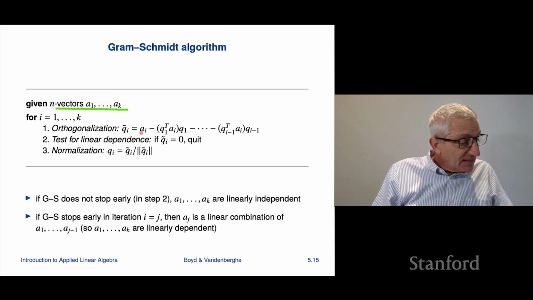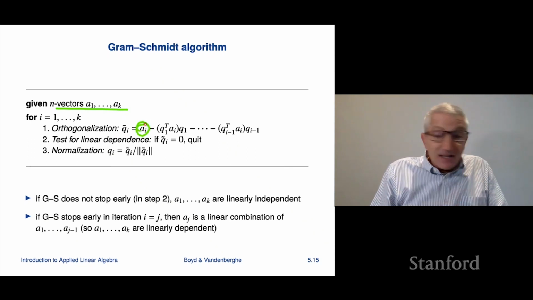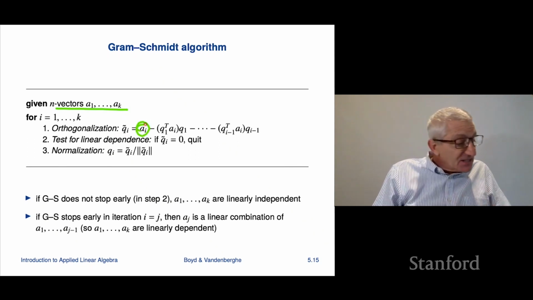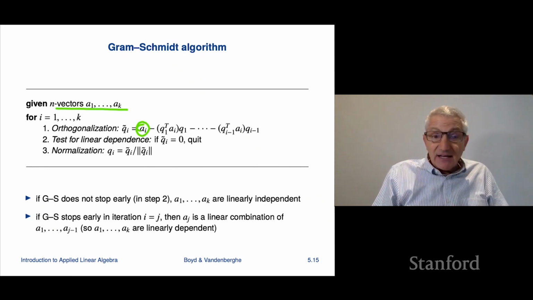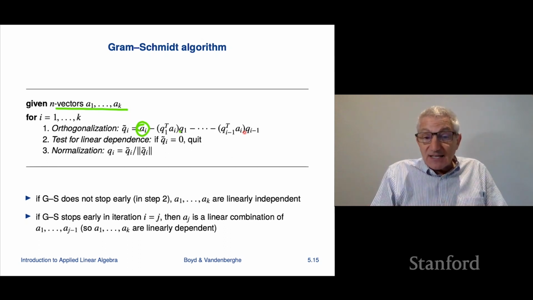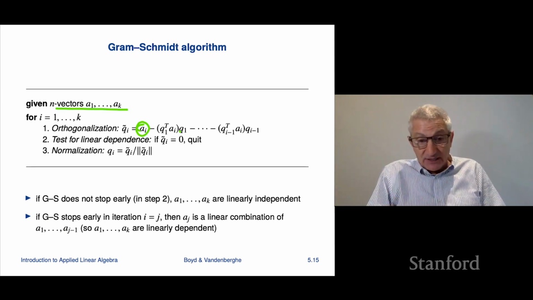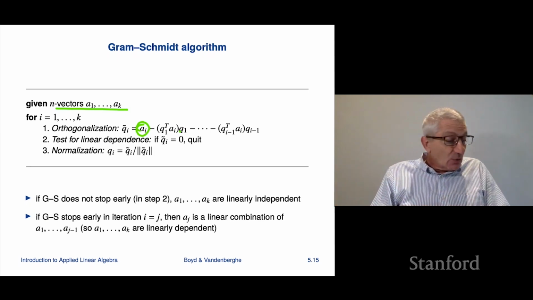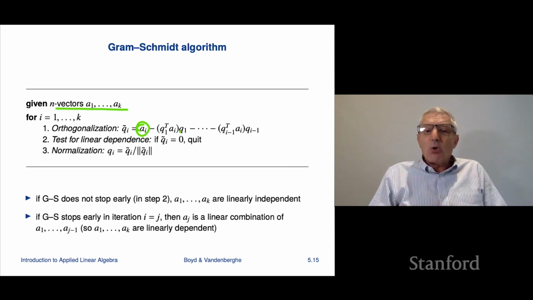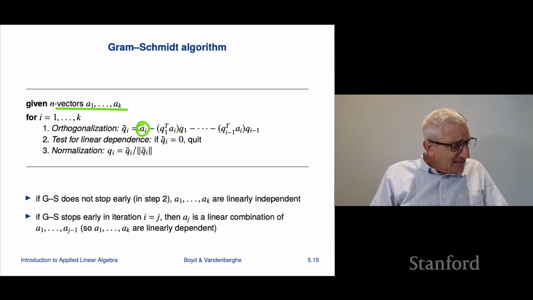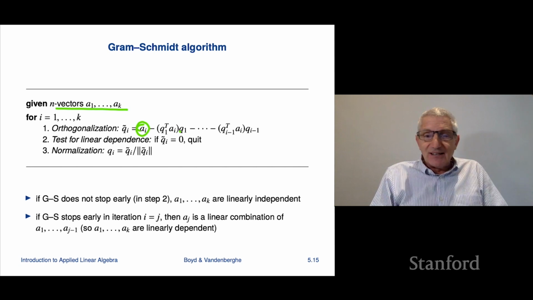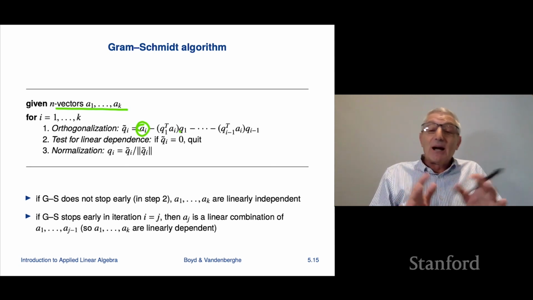The first step is it takes the ith vector, ai, and it subtracts from ai. It maintains a set of vectors, q1, q2, q3, up to qk, unless the algorithm terminates early. It generates a set of q's which are orthonormal. I should mention that the notation q is just a convention.